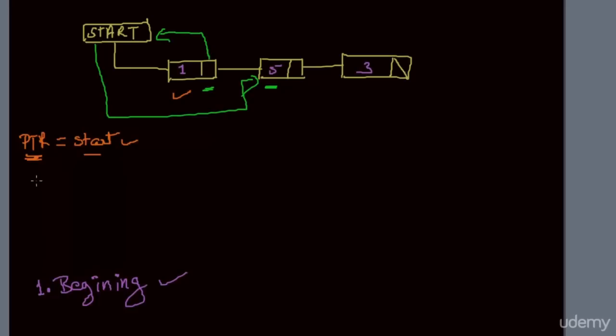Second step would be to replace the value of start with the link of the first node. How we will do that, we will check in the program in a minute. And finally we will free up ptr. Looks simple? Yes, it is simple. Let's try to code it now.